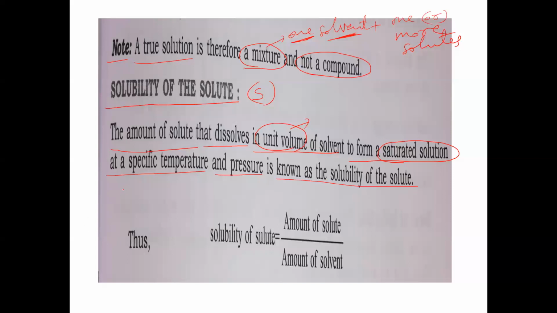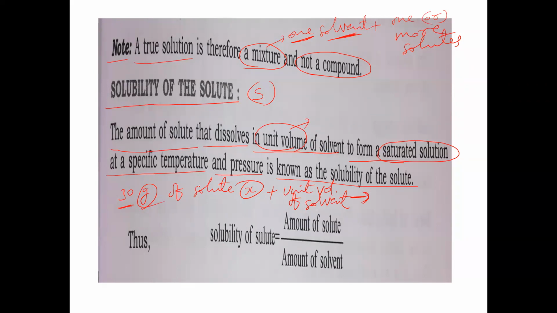Suppose we take 30 grams of solute X plus unit volume of solvent. In the unit volume of solvent, how much solute is dissolved? 30 grams of solute is dissolved.